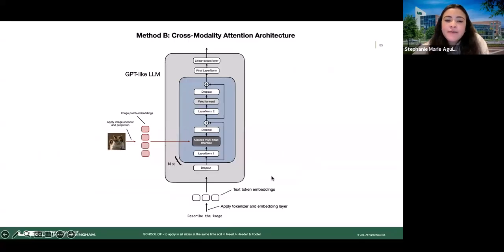And so in this case, you have the cross-modality attention architecture. You're really just changing this GPT-like LLM, changing that attention portion, as we saw before from our computation.